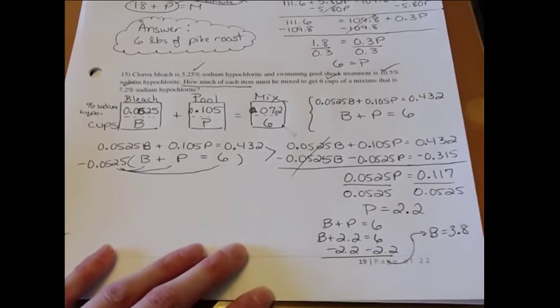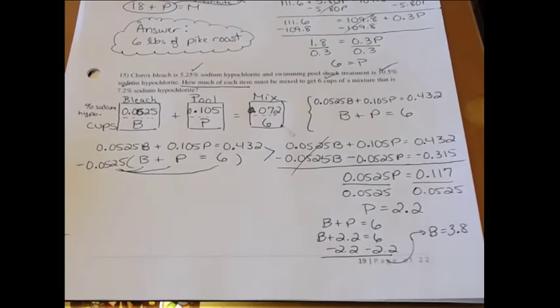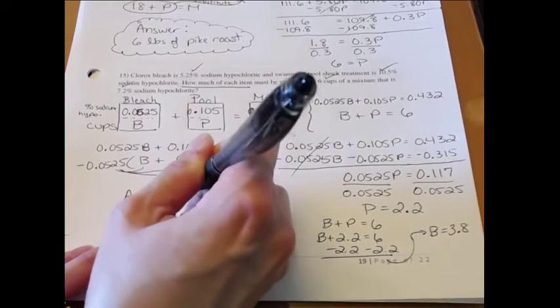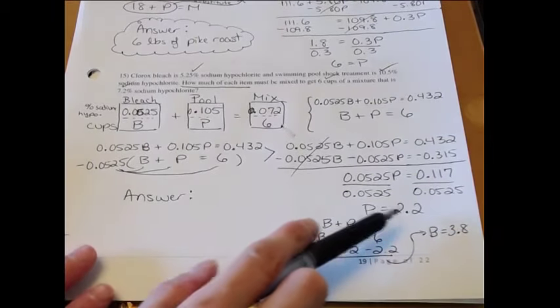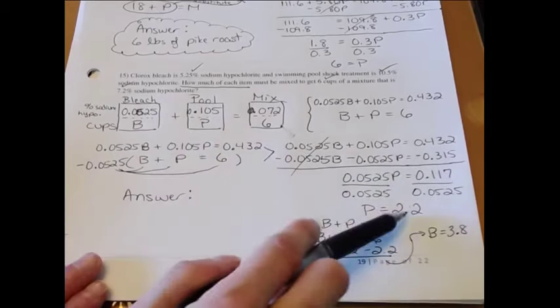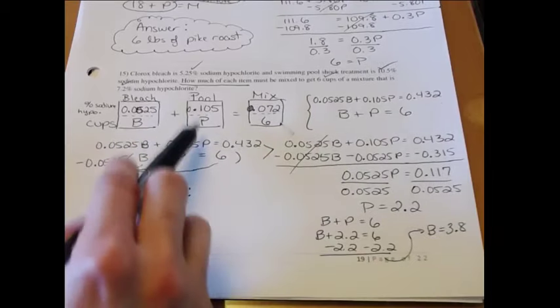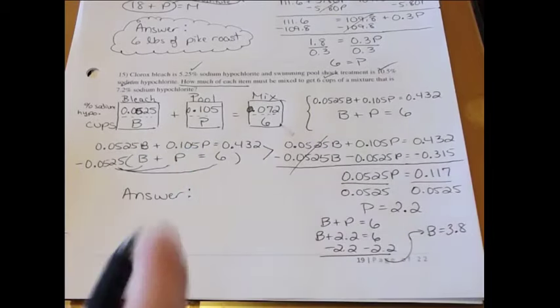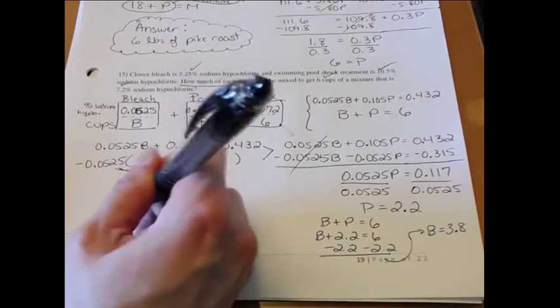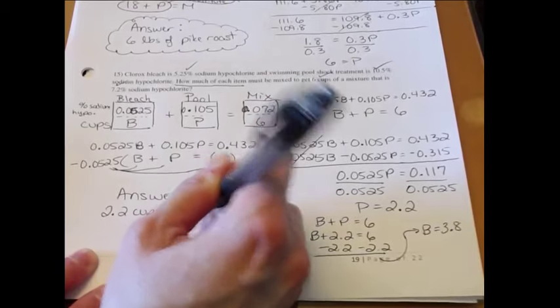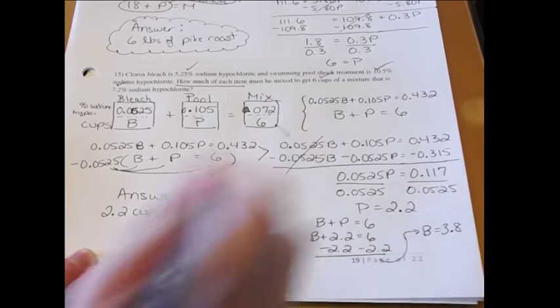Okay, hopefully you guys could still see that on the screen. It should be just fine. So let's write our answer. We know that there are 2.2 cups of the pool shock treatment. Always double check. Everything's labeled, so it's really nice. So there are 2.2 cups of pool shock, right?